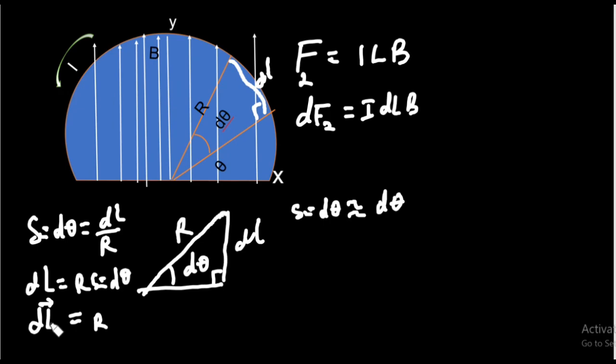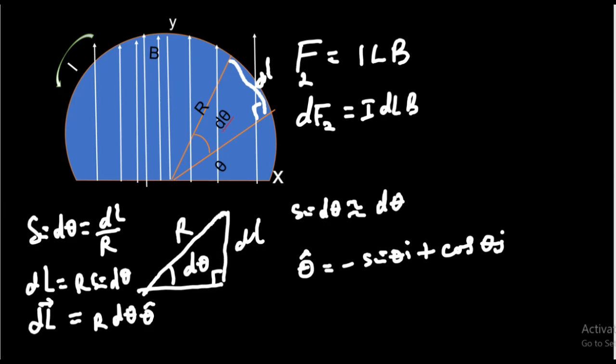So we can write that dL, this is a vector now, if we take it as displacement, equals R dθ, and we can write a unit vector in the direction of θ as this. This unit vector in the direction of θ can be given as minus sine θ i plus cos θ j.